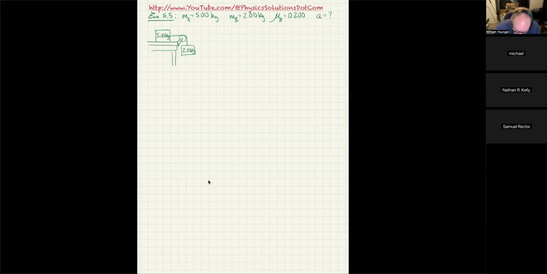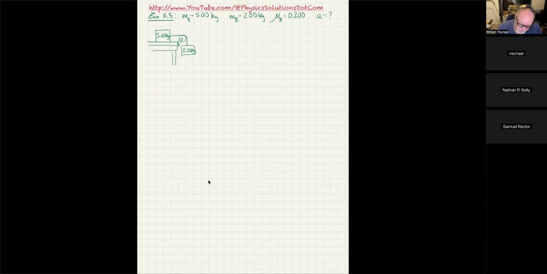First off, if you think about pulling down on the 2 kilogram mass here on the right, if I pull down on that, then the tension in this rope, the force that I'm actually applying to the rope, has got to be big enough to rotate this pulley, which could have a lot of mass, and to overcome the friction of this pulley, which could be a large force as well.